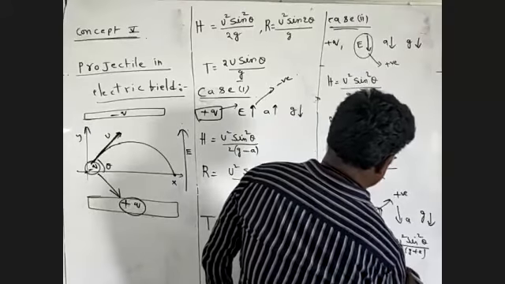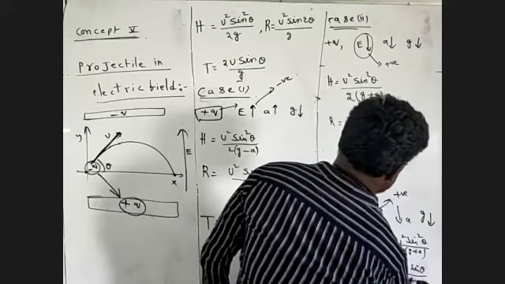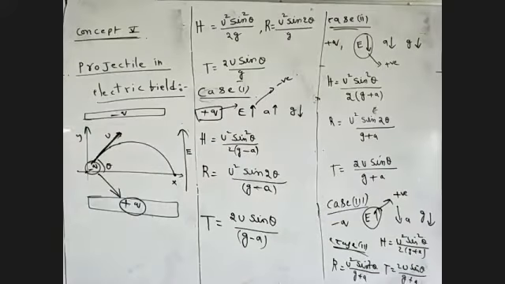Time of flight: 2u sin theta by (g plus a). That is your equation. That is case number 3.